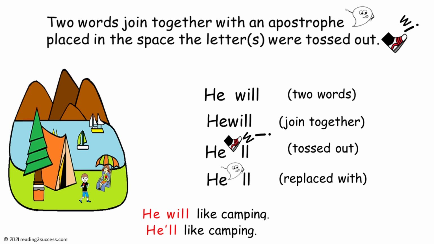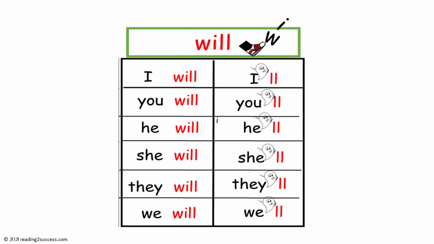It is important to point out to kids that two letters are tossed out, W and I. Now we are going to have kids work on contractions that shorten the word will, as in I will, you will, he will, she will, they will, and we will.